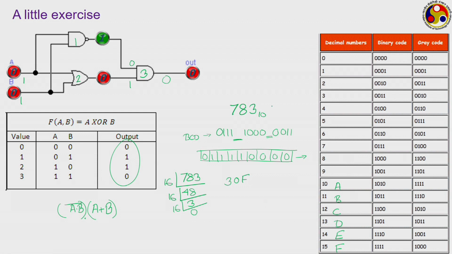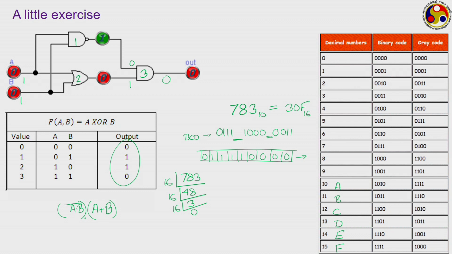So, this 783 in base 10 has its hexadecimal equivalent as 30F in base 16. So, to get the gray version we have to convert each of the digits of this hexadecimal number 30F. We can directly convert that using the table.